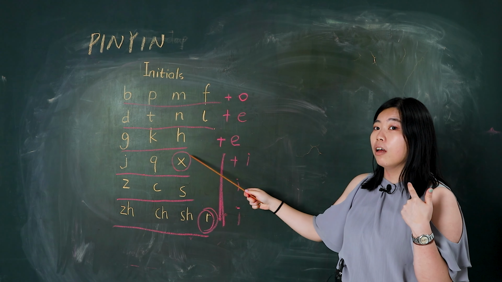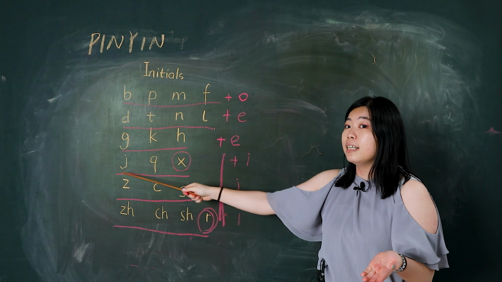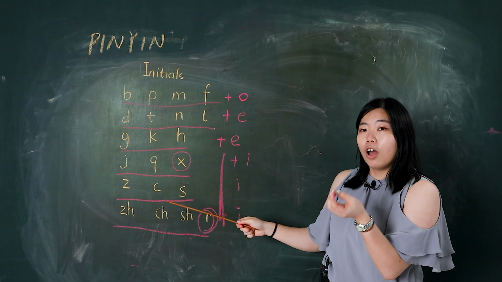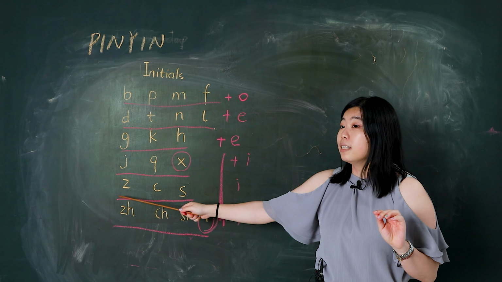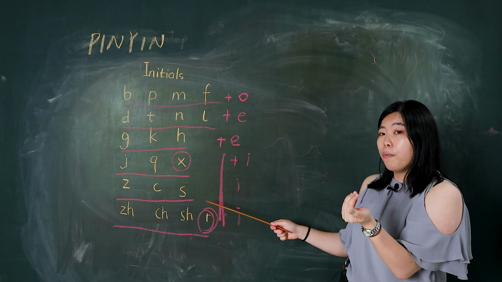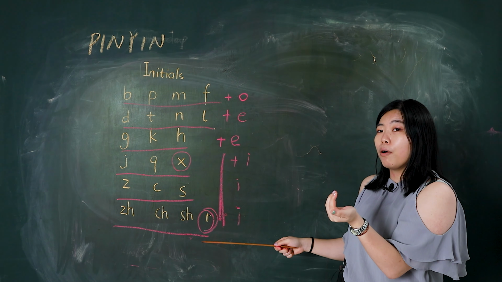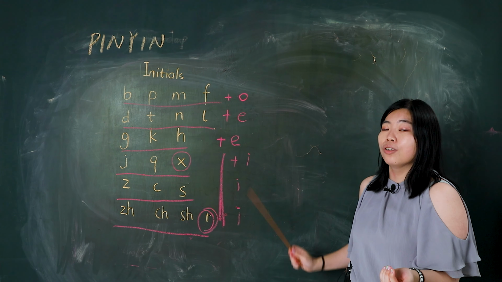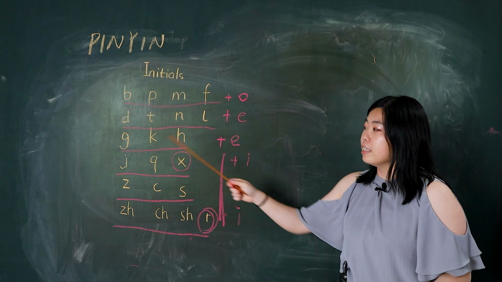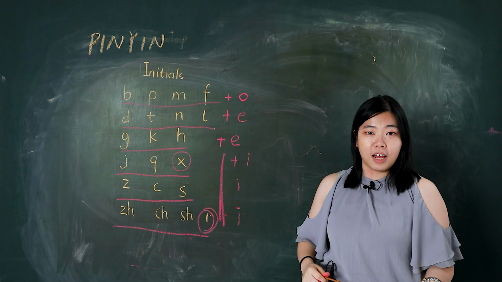G, k, h. The surface of the tongue: ji, qi, xi. The tip of the tongue to touch the back of the upper teeth: z, c, s. Roll up your tongue and use the tip of the tongue to touch the roof: zhi, chi, shi, ri. So remember like this, it will help you to know how to pronounce it.